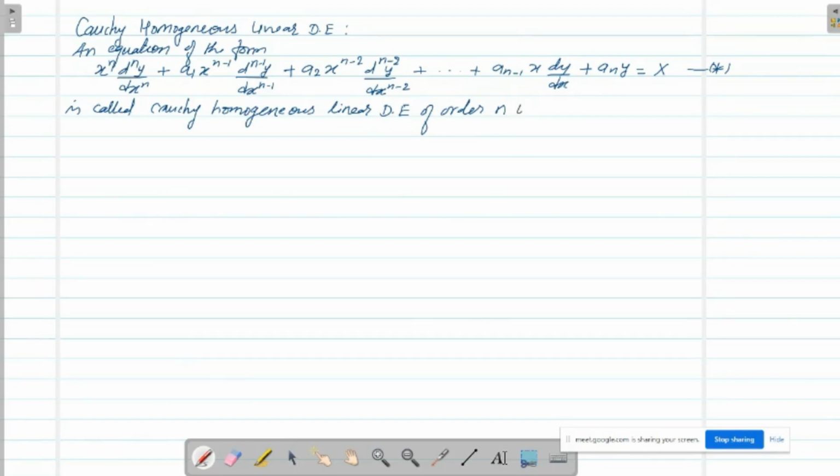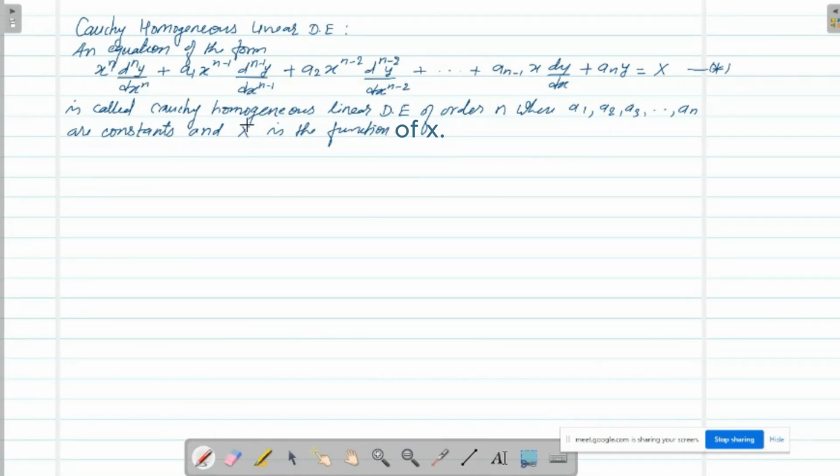Okay, where a1, a2, a3 up to an are constants, and the right hand side X is a function of x only. Okay, is a function of x.